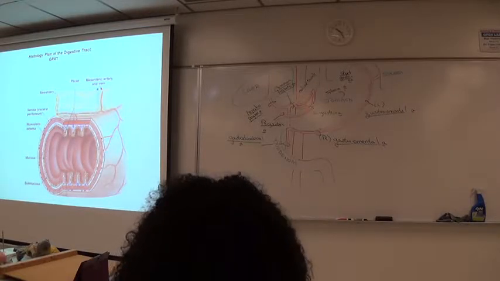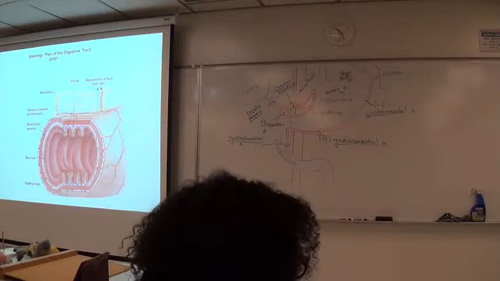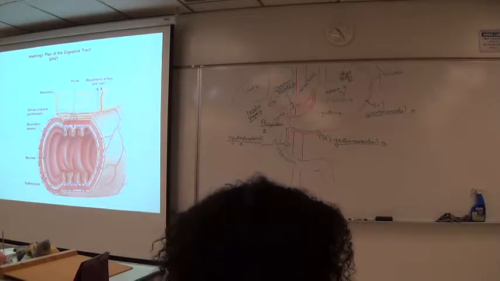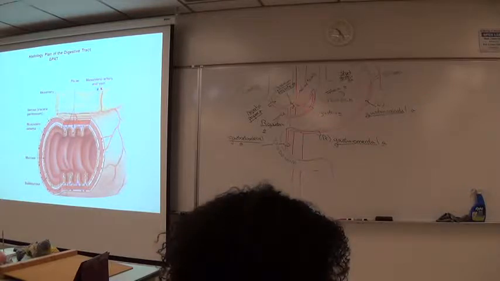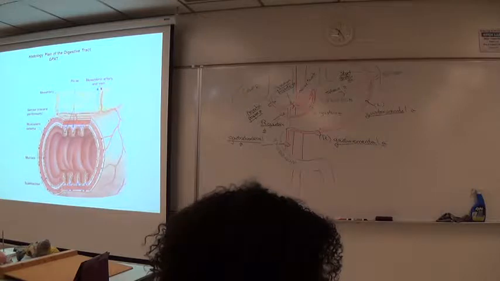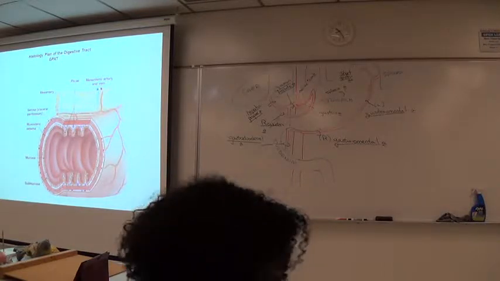Now let's switch to a general view of the histology. So as we go through the digestive tract, we're going to pay attention primarily to the epithelium arrangement that lines each of these organs.